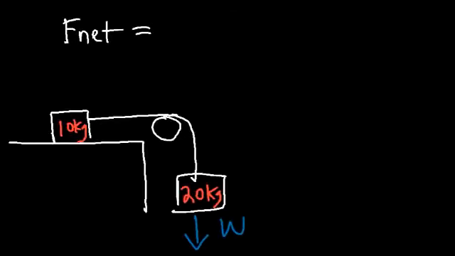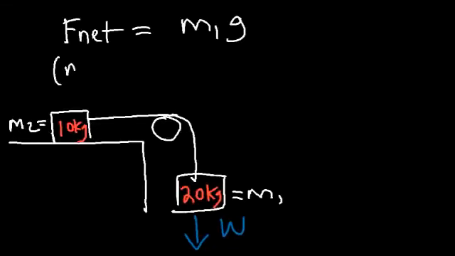Let's also call this mass M1 and this mass M2. The weight force is M1G. The net force is equal to the total mass of the system, M1 plus M2, times the acceleration of the system.